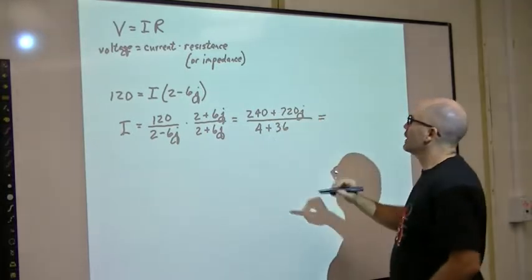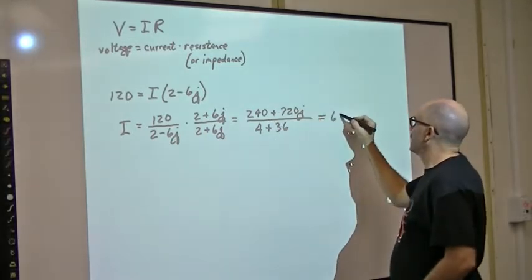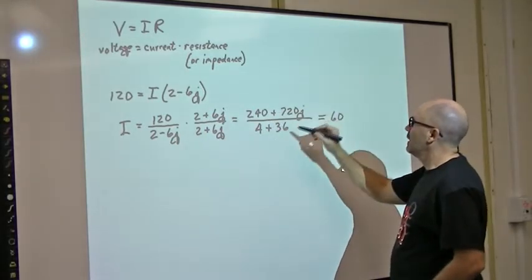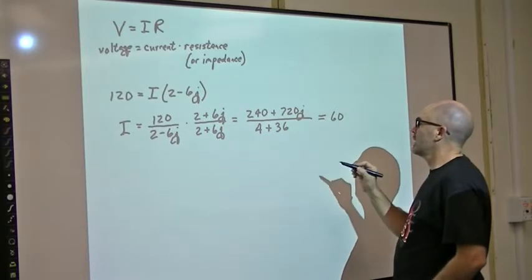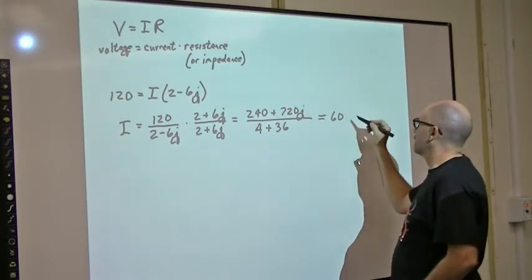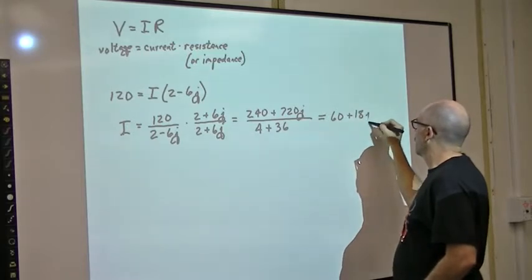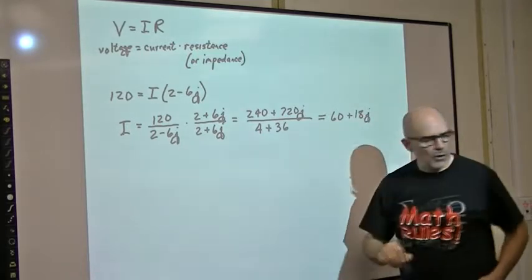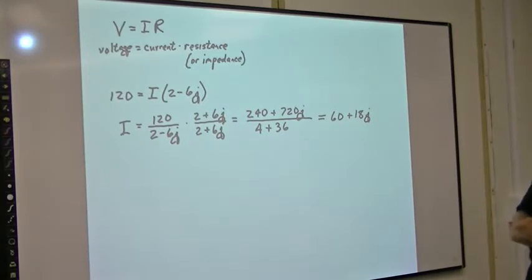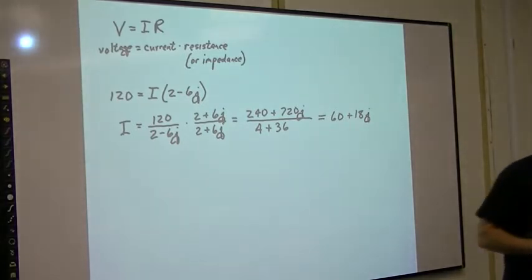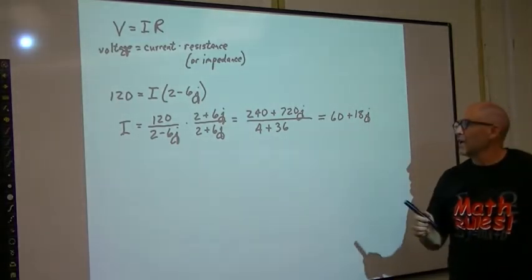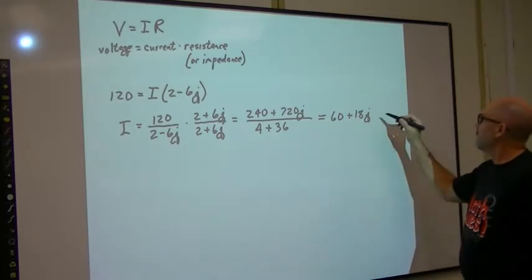So 240 over 40 is 6, and 720 over 40 is 18. So 6 plus 18J would be your final answer.